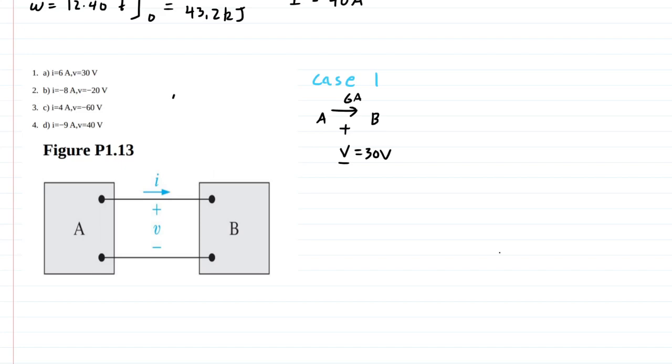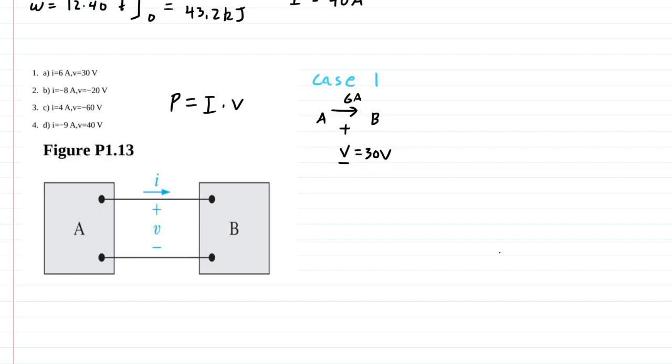The formula to calculate power, there's more than one, but this is the absolute one that works in pretty much everything. There are other ones, like P equals I squared R, or V squared over R, but those require you to know the resistance, and we don't have resistance here.